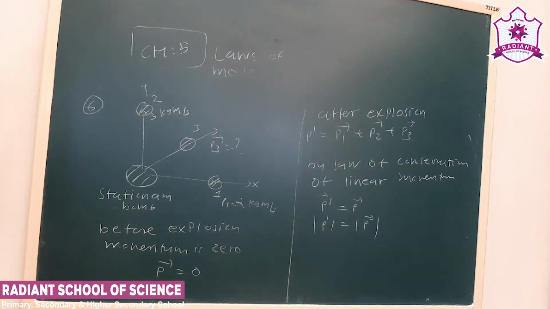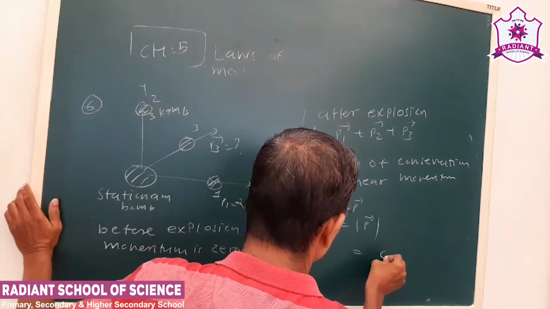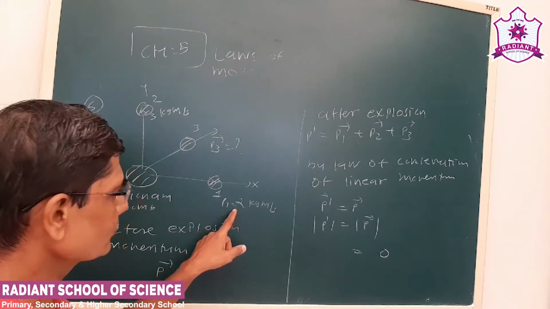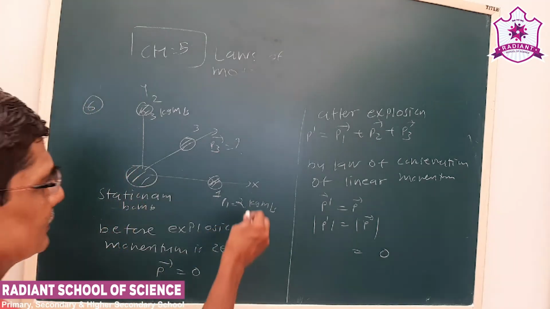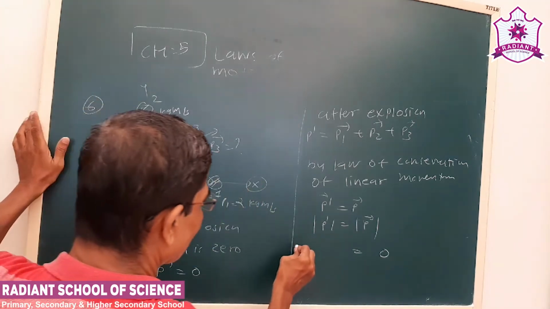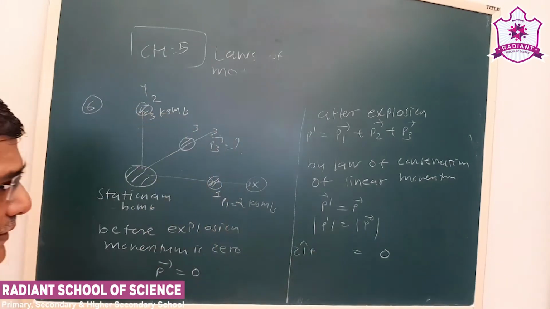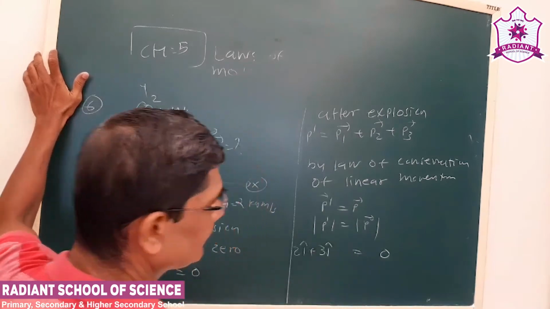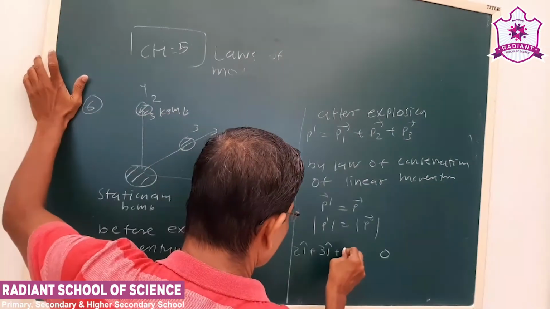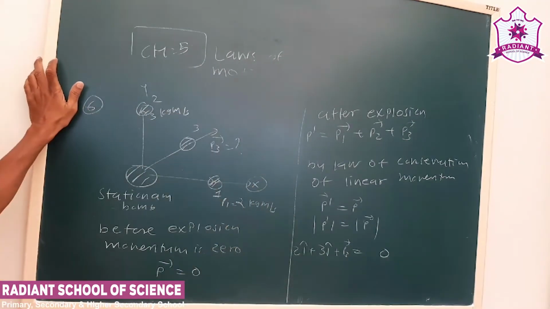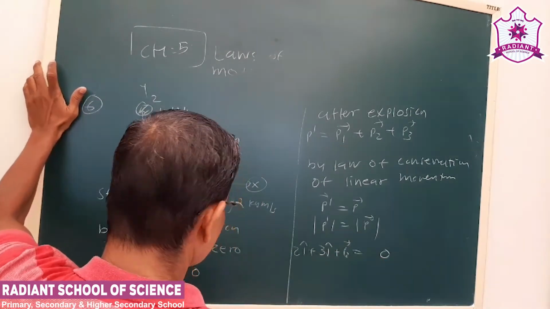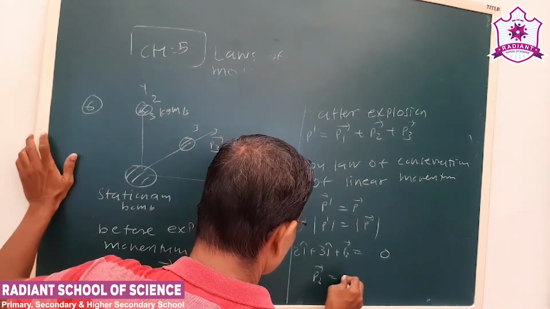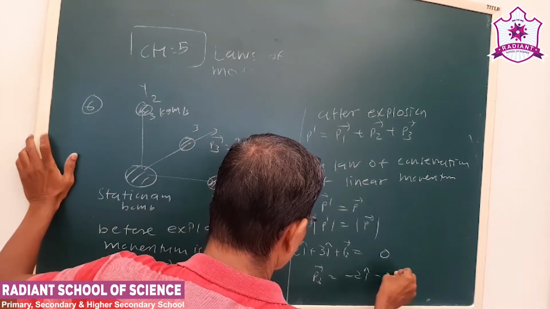The initial momentum is 0. The final momentum we have to write in terms of components. P1 is 2 kg meter per second in the x direction, so we write 2i. P2 is in the y direction, so we write 3j. P3 we have to calculate, and the sum should be equal to the initial momentum, that is 0. So P3 is minus 2i minus 3j.